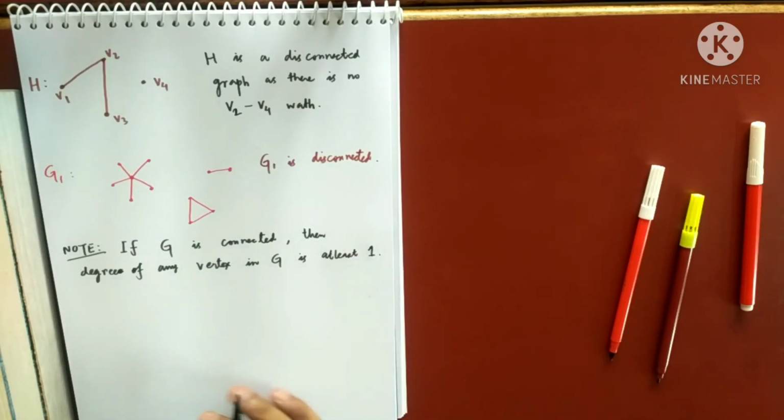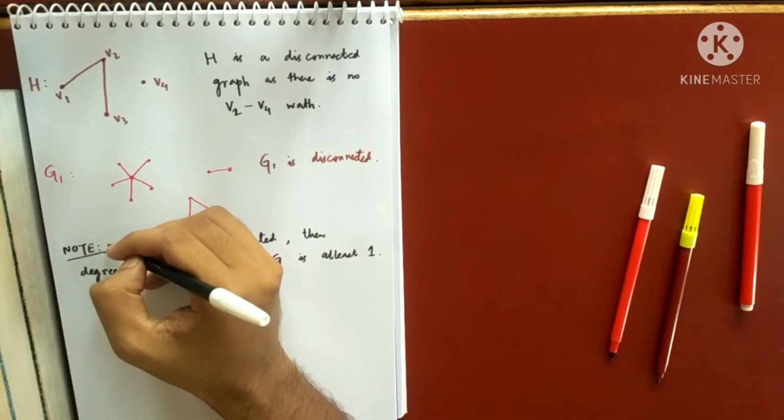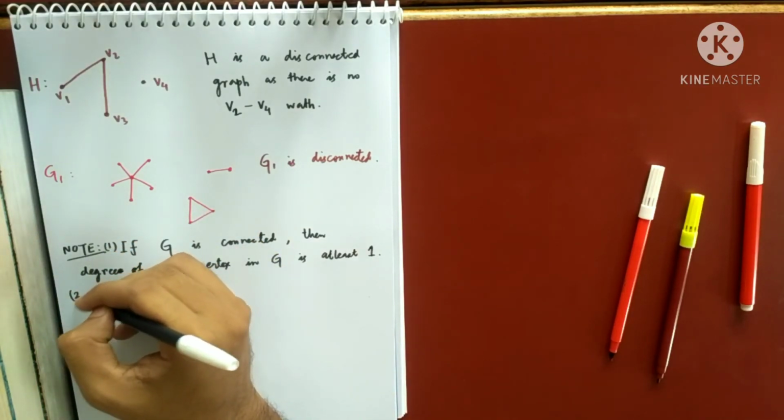It cannot be 0. Why? If it is 0, I will get an isolated vertex, and whenever I have an isolated vertex, the graph cannot be connected. So number 1 is this, number 2 is this.